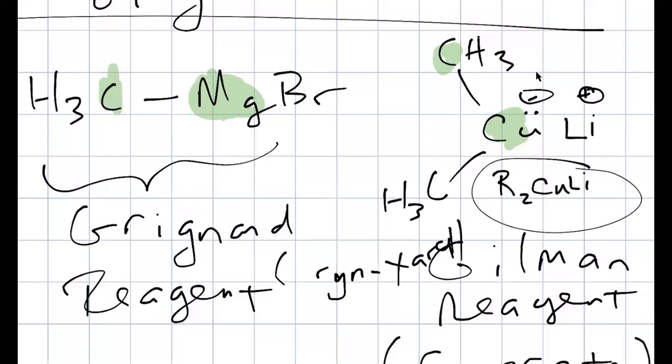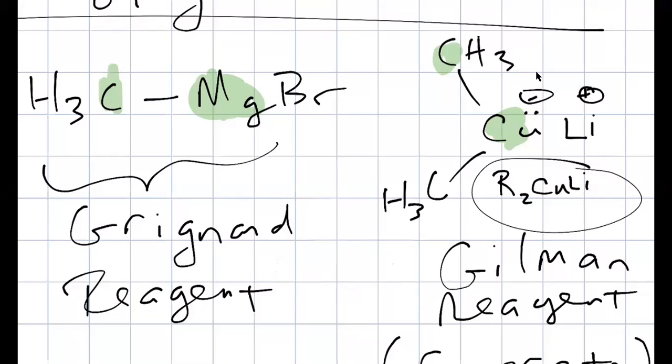The mark of the beast. So it's a Grignard. So that middle G, that G and N go together. All right. Gotcha. All right, so Grignard is with magnesium, and Gilman is with copper.